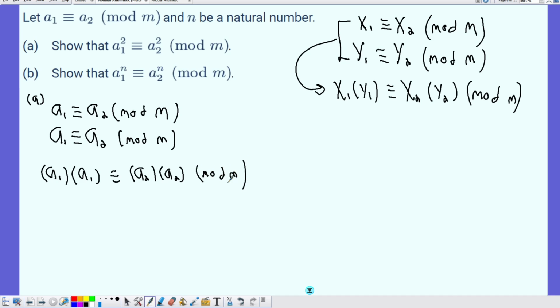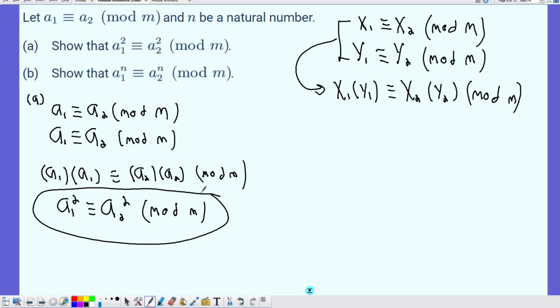This is a pretty obtuse way to write it, but I think it demonstrates naturally how it would lead to that, right? And of course, anything multiplied by itself is just itself squared. So a1 squared is going to be congruent to, well, a2 times a2 is a2 squared mod m. Hence, completing part A.